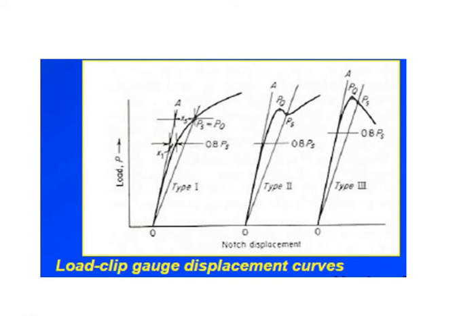Now அடுத்தது என்ன பண்ண போறோம்னா, draw a horizontal line. So இந்த இடத்துல draw a horizontal line at a load which is equal to 80% of PS.